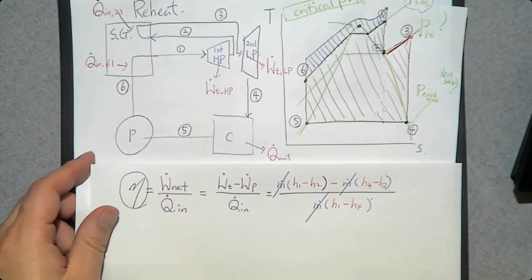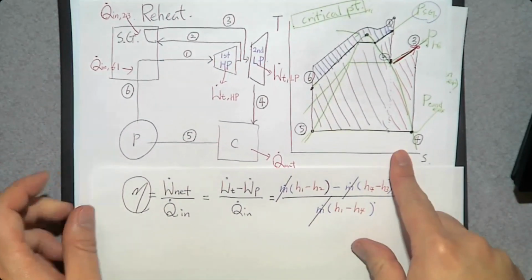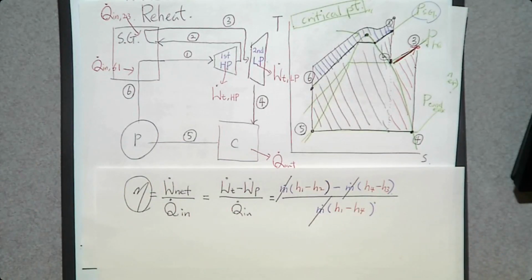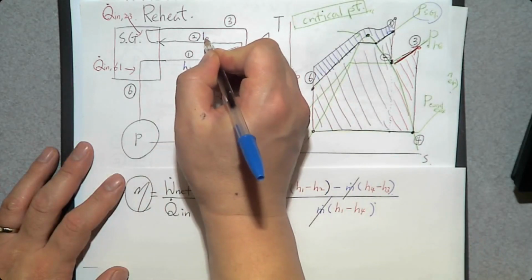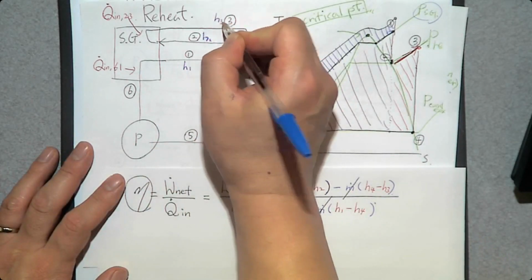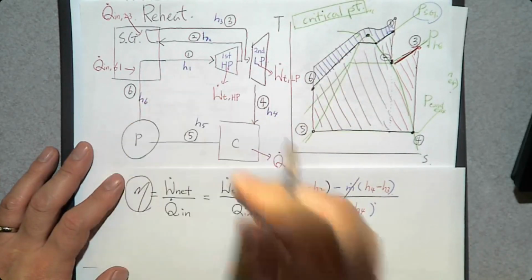Which wasn't that hard. But when we have this reheat cycle, how many H values are we going to have? H1, H2, H3, H4, H5, H6.